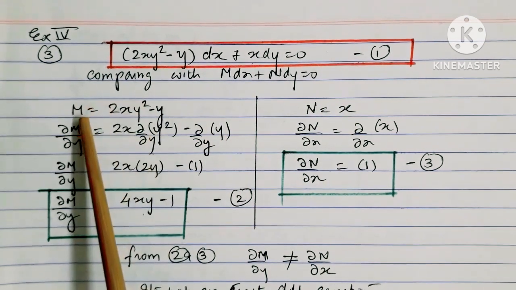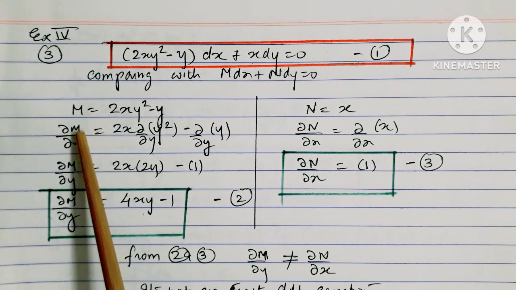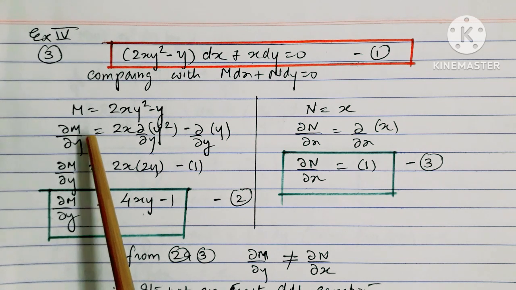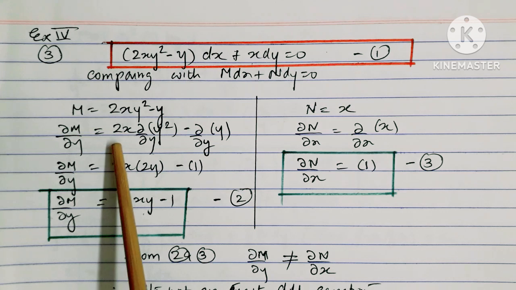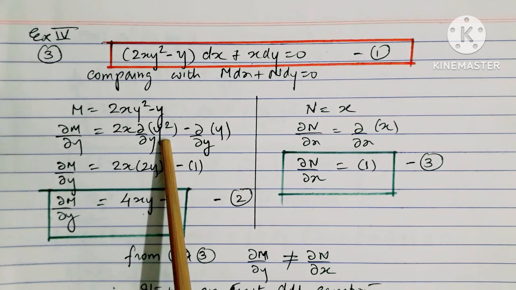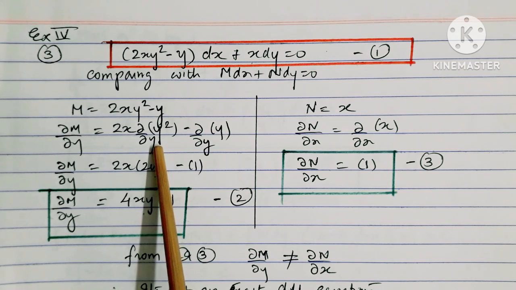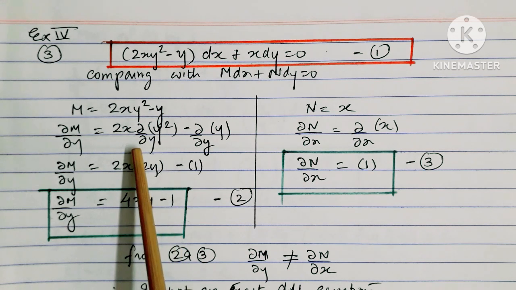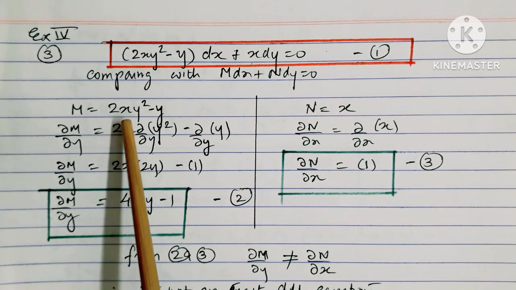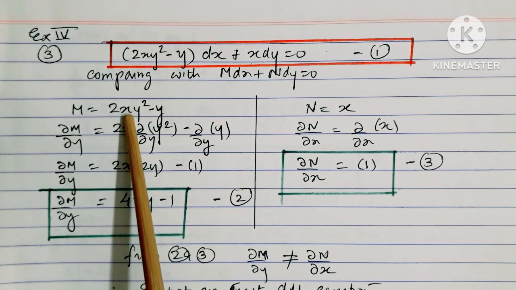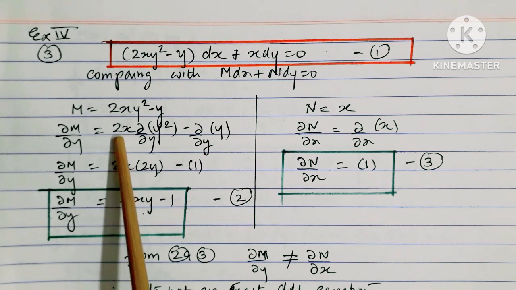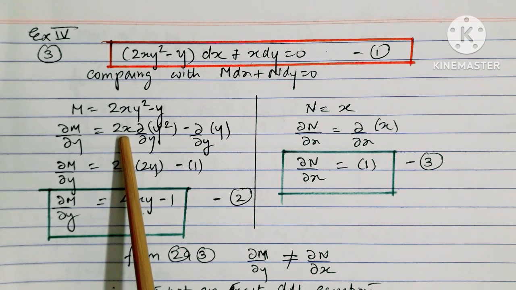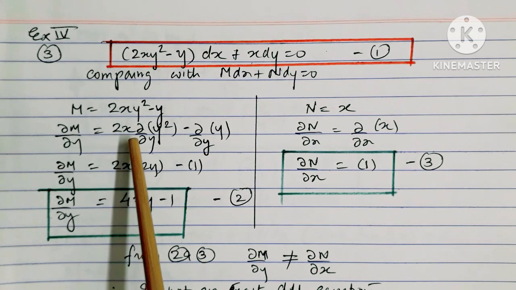So let us now proceed to find the partial derivative of M with respect to y. That is, ∂M/∂y = 2x ∂/∂y of y². Now whenever you're differentiating partially with respect to y, you have to treat x as a constant. So here this x would be treated as a constant and 2 is a constant. Therefore 2x will be a constant and it will be written outside.